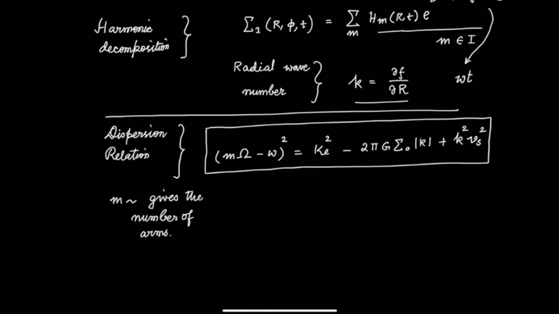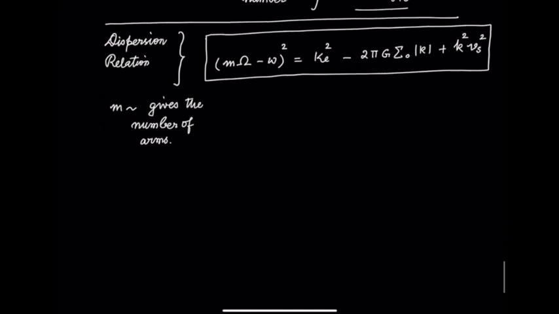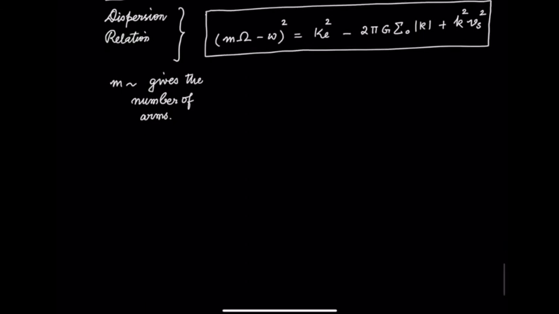And as I said, we'll just look at the dispersion relation for a disk. For simplicity, we will choose m equals 0. So if you analyze this dispersion relation, you can get it for any spiral arm.